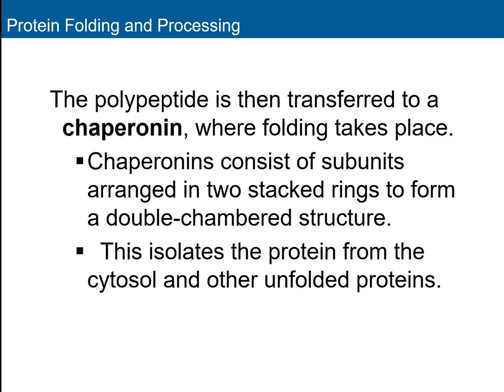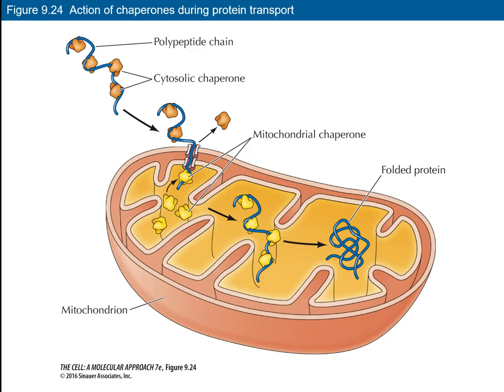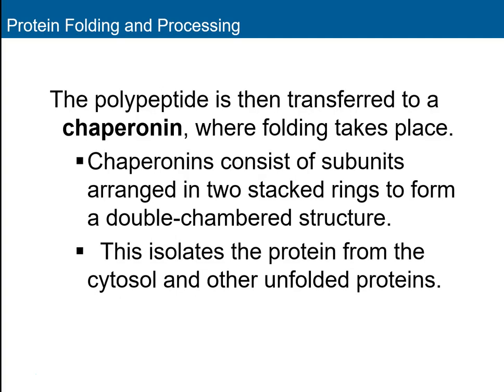Okay, the next thing on the list here is chaperonins. Okay, so the polypeptide can be actually transferred to something called a chaperonin. If we're talking about the one example I showed you in the mitochondria, right? This guy's unfolded here and it folds properly inside the mitochondria. So think about the chaperonins as proteins that maybe are going to function in the cytoplasm, okay?